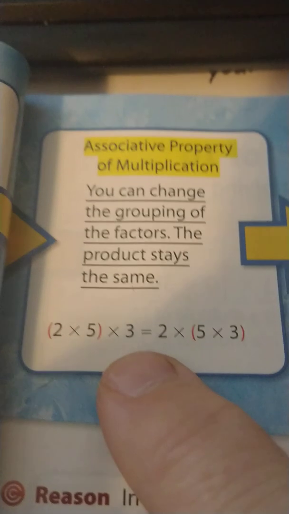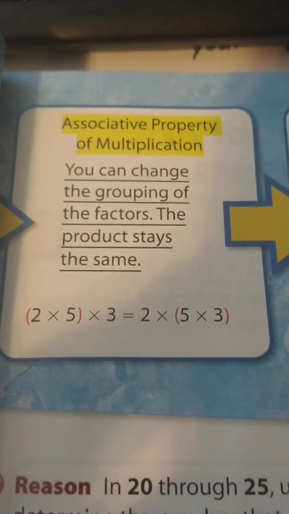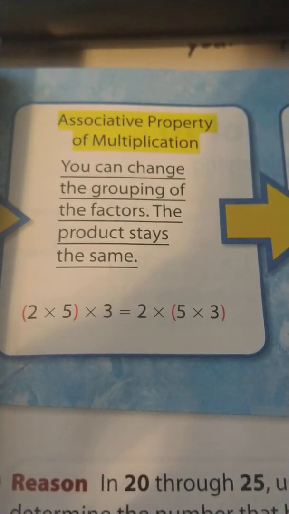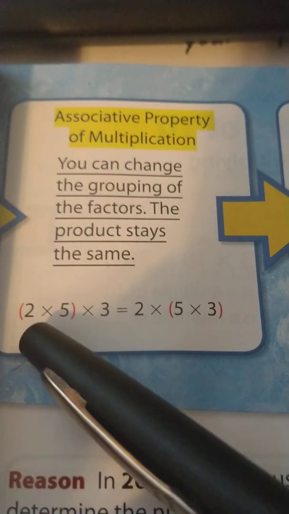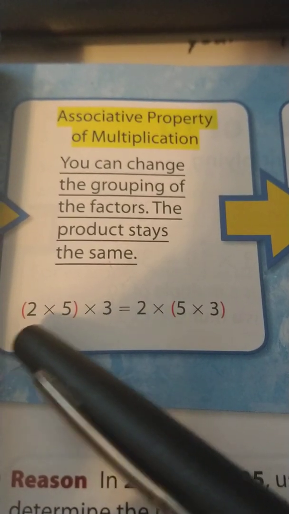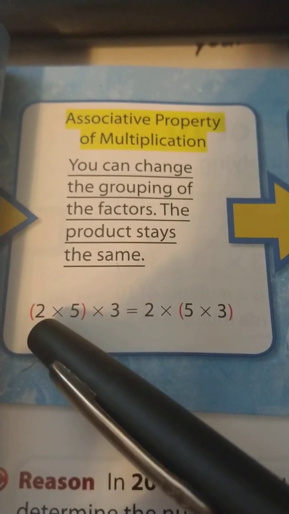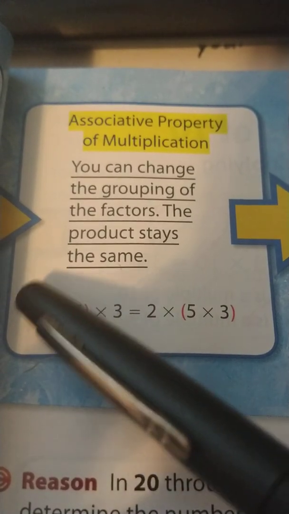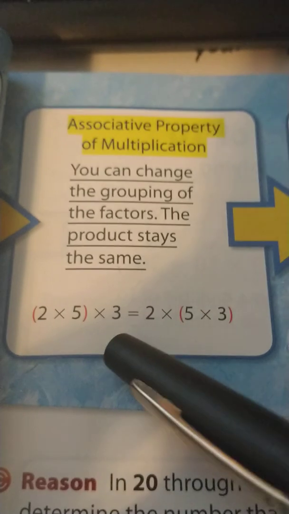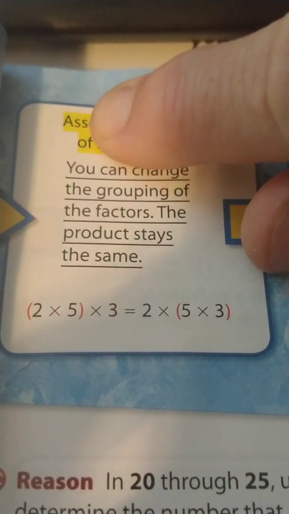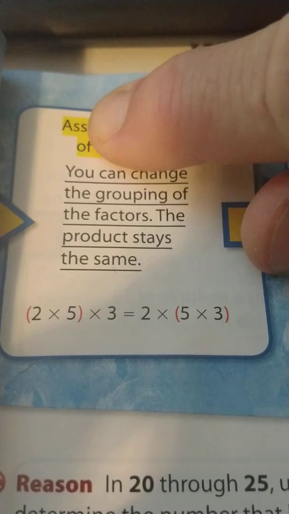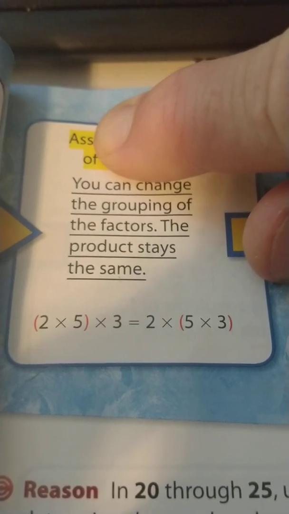But then I figured out, kids don't remember that stuff. They like remembering bad words. So if you think of the parentheses in a problem as a butt, they kind of look like a butt, right? And if you look at the first 3 letters of the associative property, there's another word for butt.